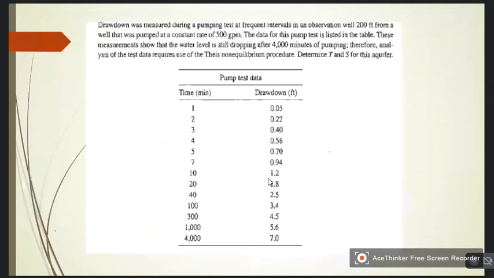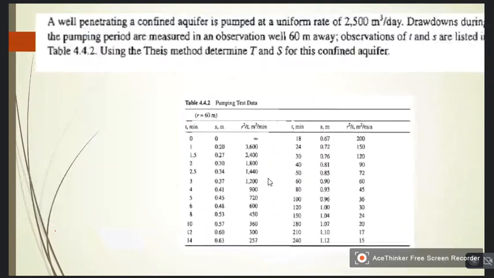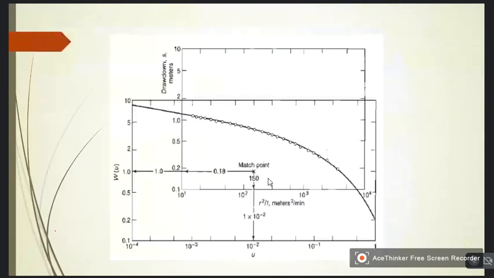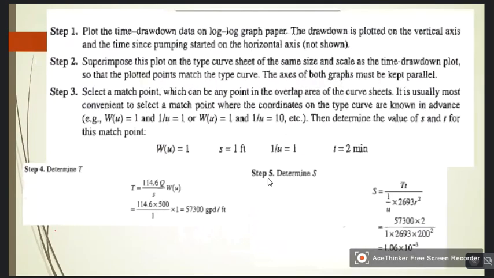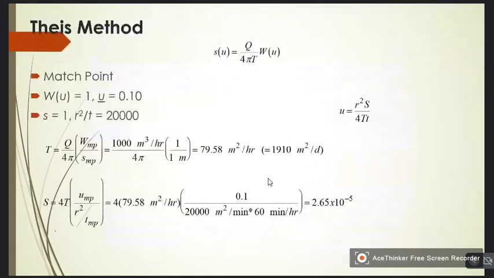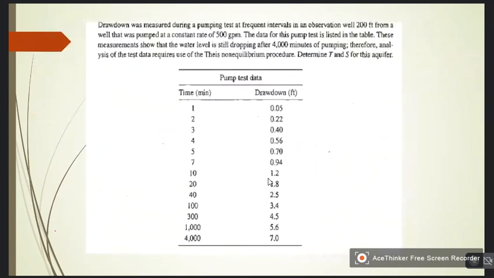I have, in addition to this data, one more data. Now we will proceed to the next method. But before that, I would like to leave this sheet so that you note it down. I will come back within 5 minutes.